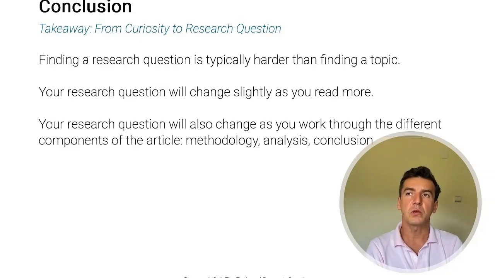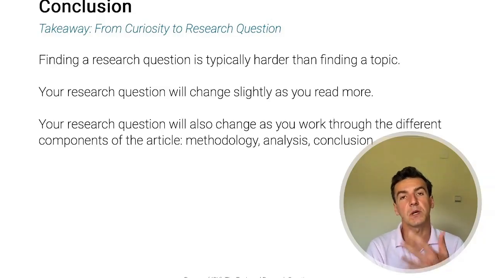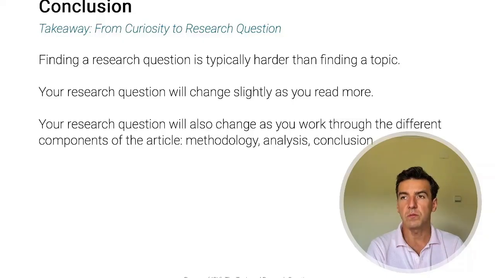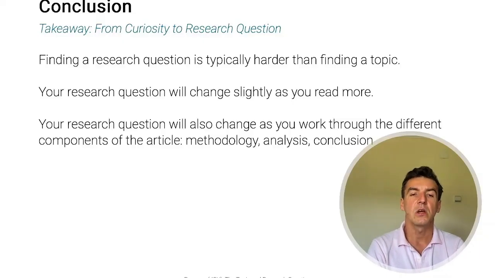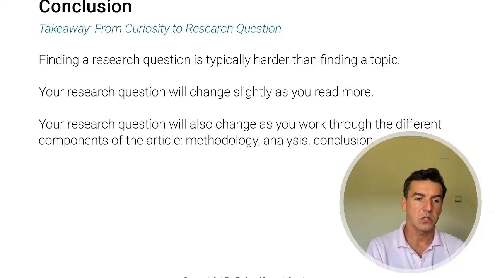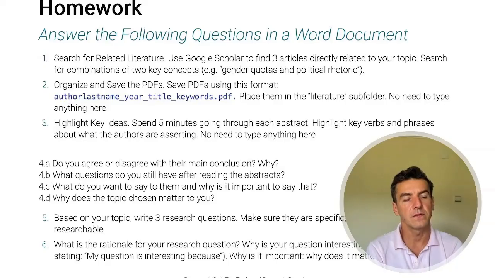The research question will also change slightly as you become more familiar with the literature, and as you go through the different research steps, your topic and your research question will change slightly.